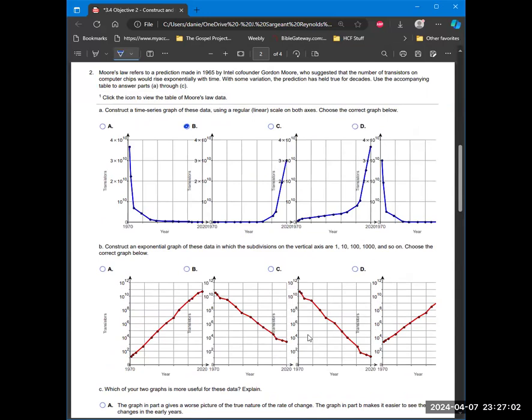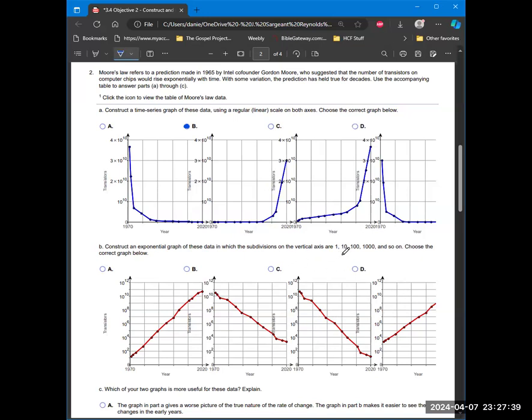Now, one of the things that we can use to try and make this exponential scale look somewhat more linear is to use something called a logarithm. It's basically what they've done here in the next part: construct an exponential graph of these data in which the subdivisions on the vertical axis are powers of 10 here.